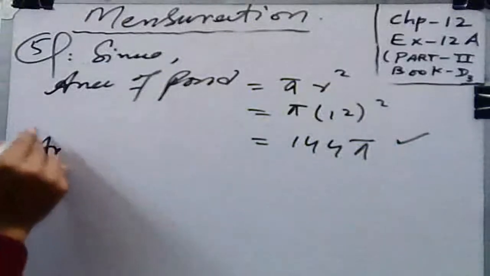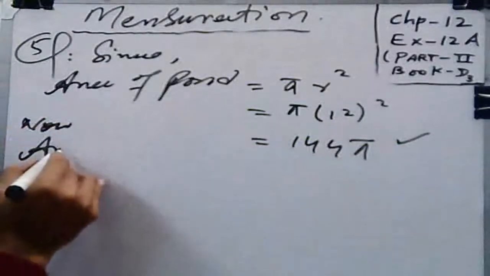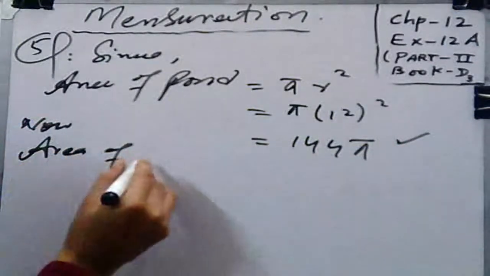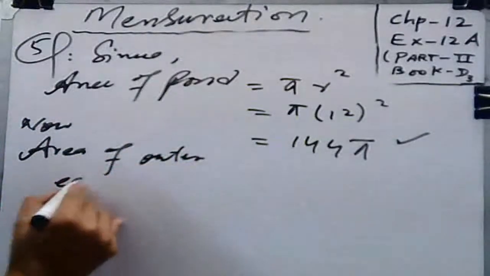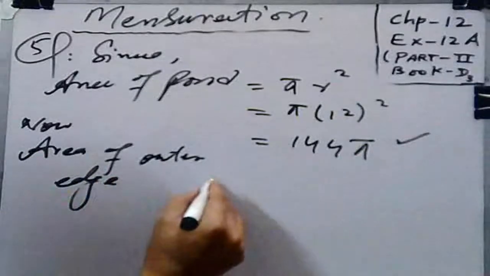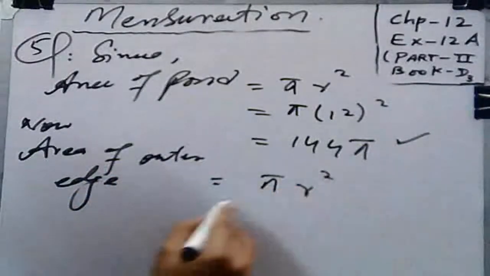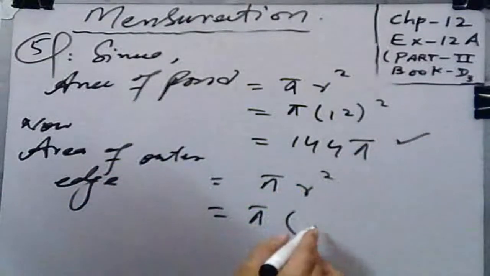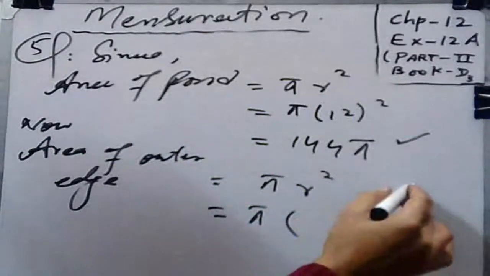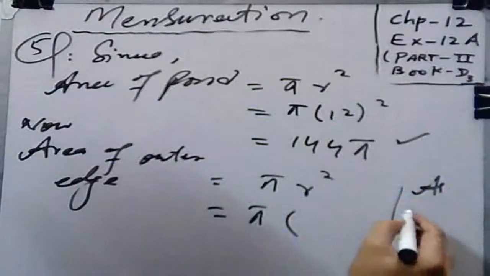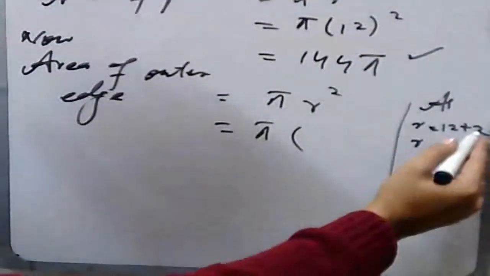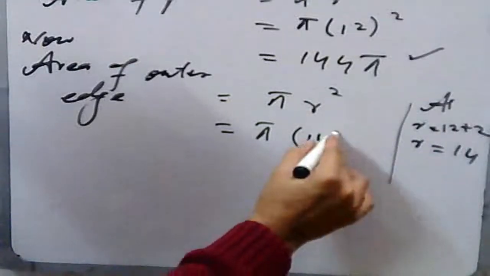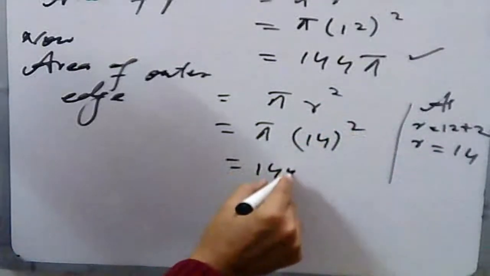Now the area of the outer edge is equal to pi r square, but here r, you know that for the outer edge, r is equal to 12 plus 2, the outer edge is also 2 meter away, so you will get 14. So that's why I put here 14.